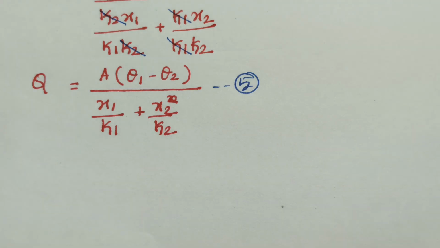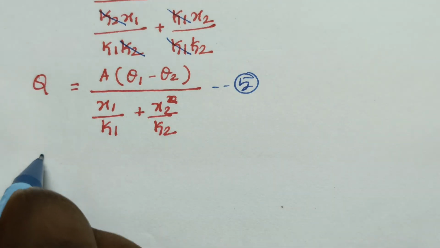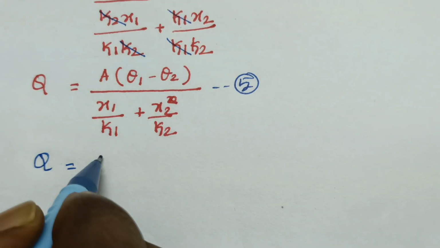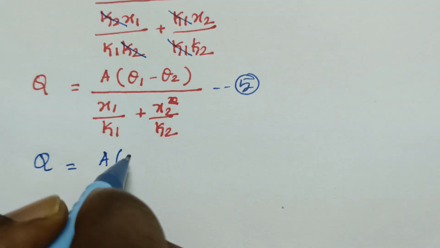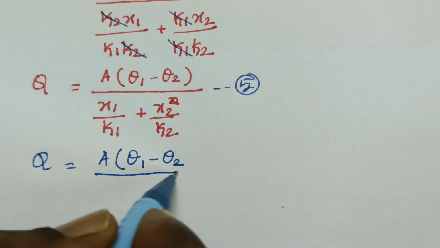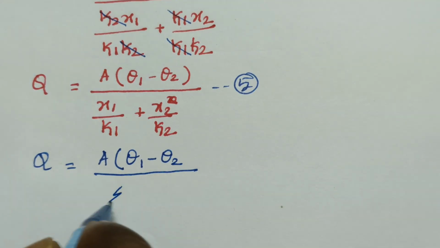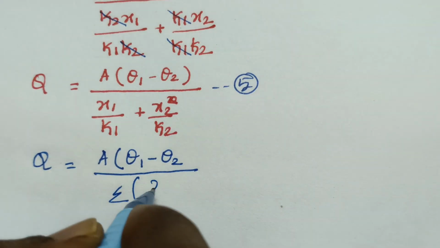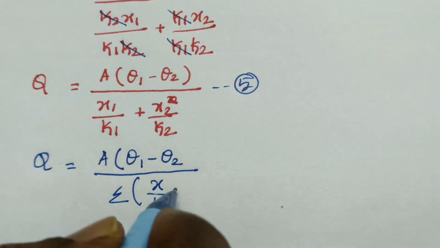For more than 2 slabs, the general equation for any n number of materials is Q is equal to A into theta 1 minus theta 2 divided by summation of x by k.